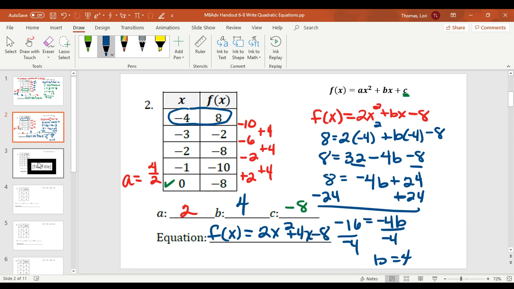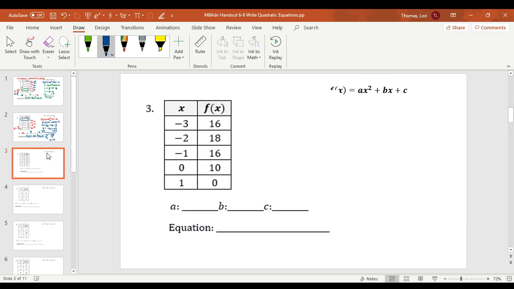And let's do our last one, number 3. Our x values are in consecutive order. There's no gaps from least to greatest. We have our y-intercept, so c is 10. Let's find the second difference.